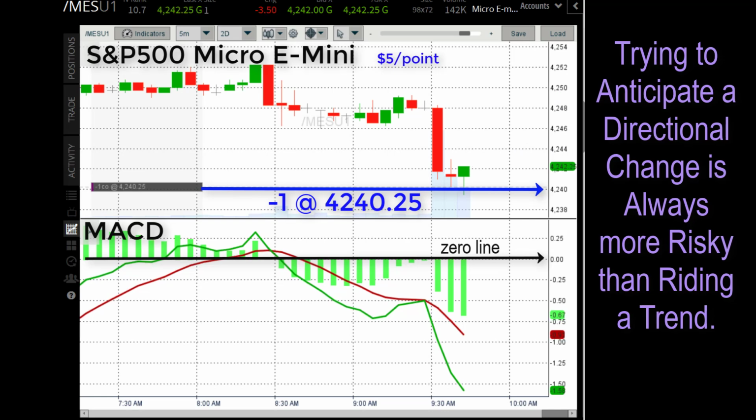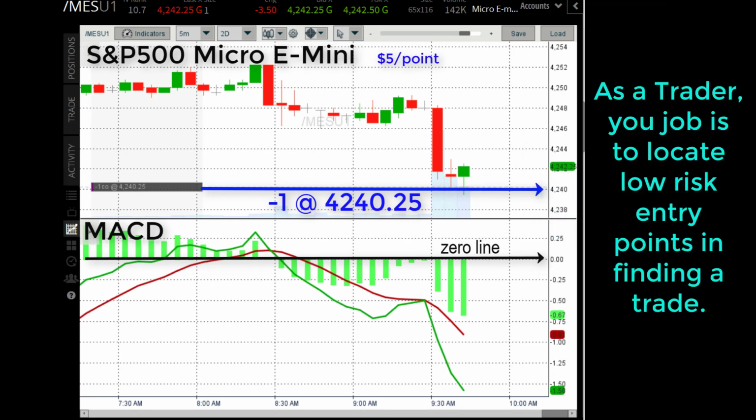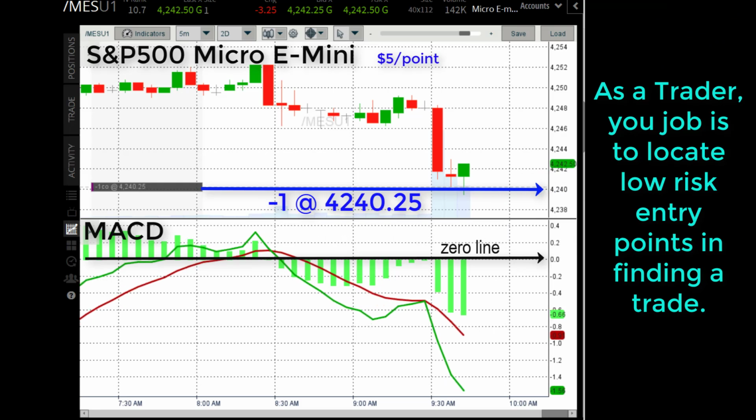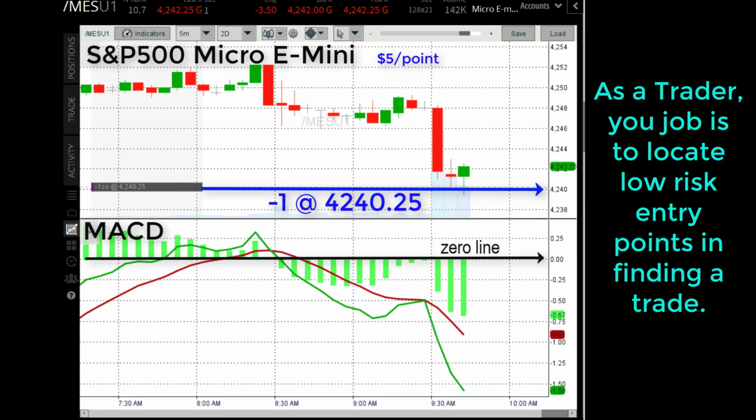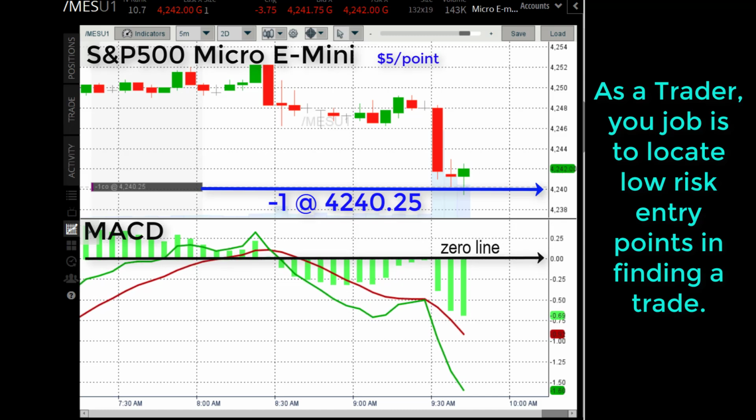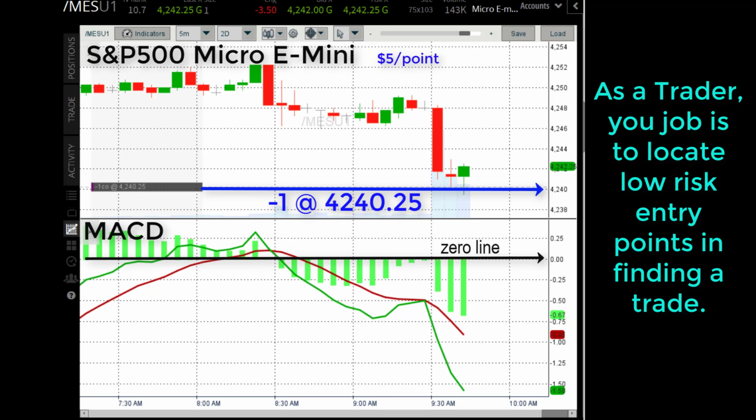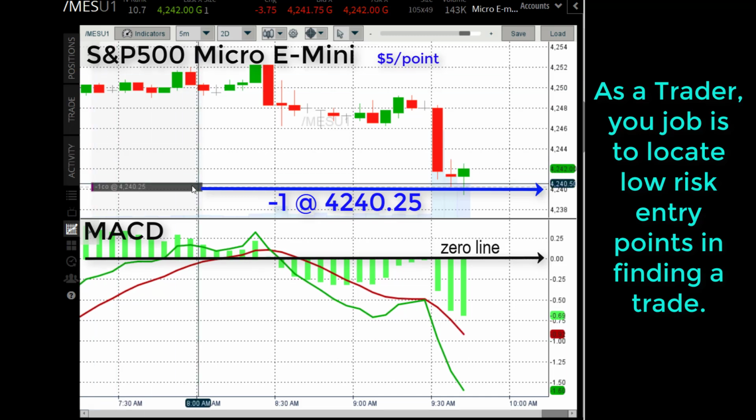But having said all that, remember, you're going to lose 40% of your trades over time, no matter how good you are. So it's a matter of solving that problem, finding a place to trade where the risk is lower than it would be if you didn't find the right circumstances to be able to make a trade here.